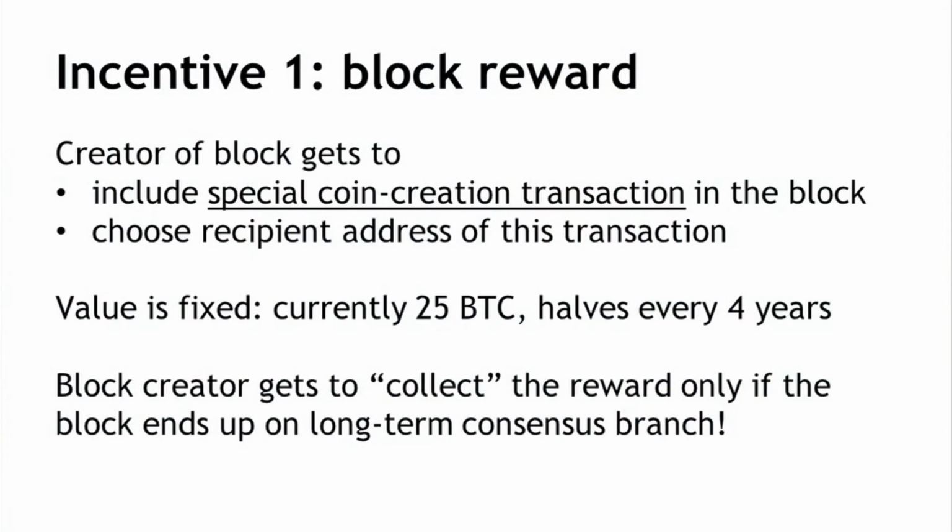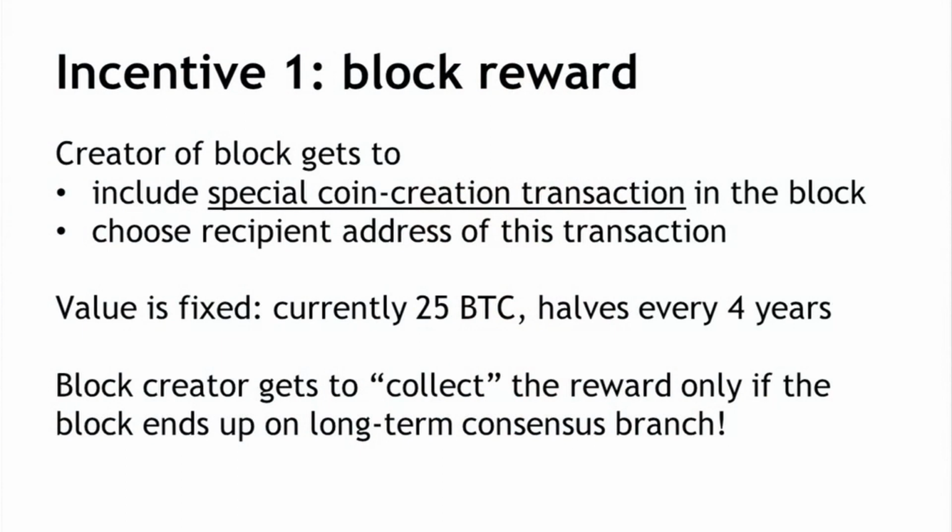That will only happen if this block ends up on the long-term consensus branch, because that's the only case in which this coin creation transaction will be considered valid. The coin creation transaction is not special. It's just like every other transaction. It's only valid if it ends up on the consensus chain. So that's the incentive mechanism here. It's very subtle, but it's a very neat trick.